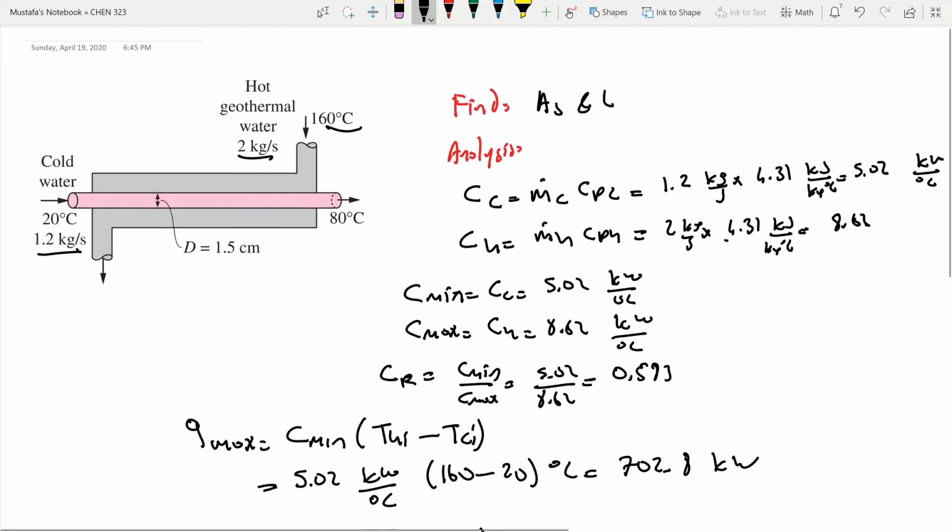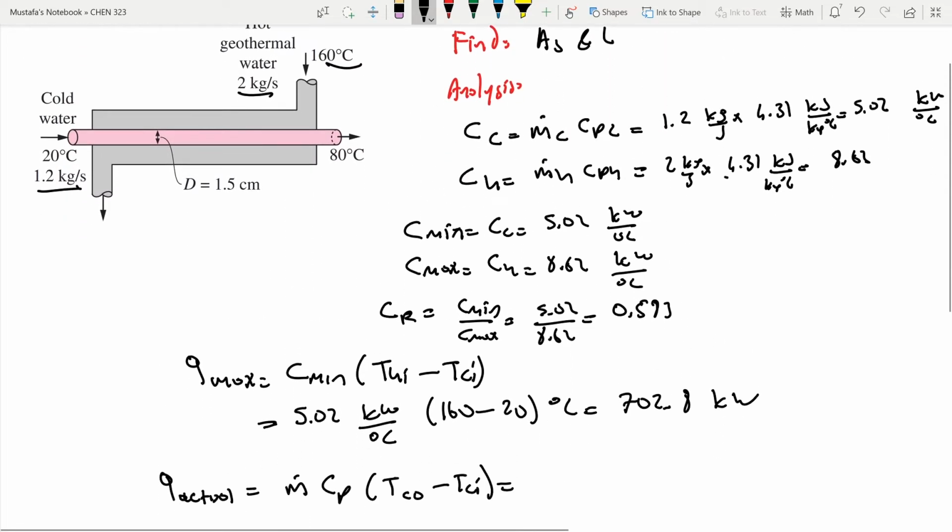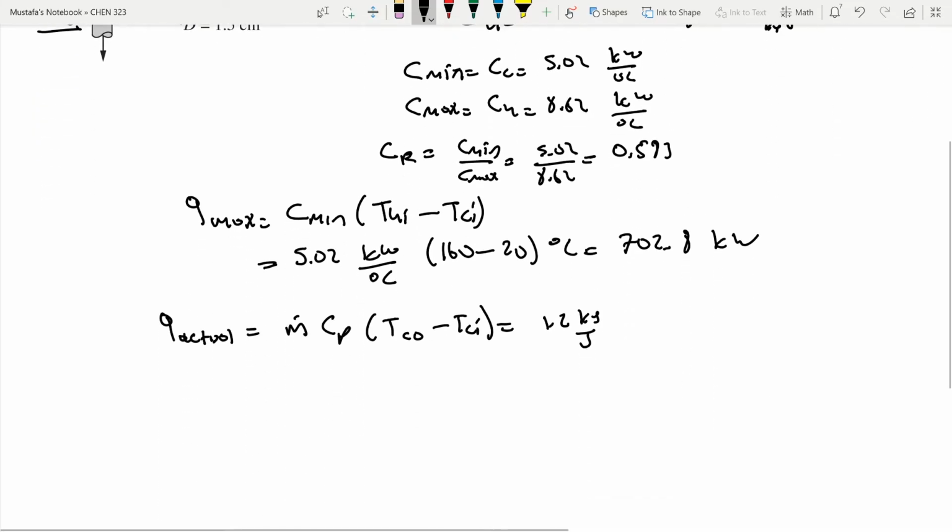I know all the temperatures here, and the mass flow rate of 1.2 kilogram per second, and the heat capacity for the cold side, 4.18 kilojoule per kilogram per Celsius.